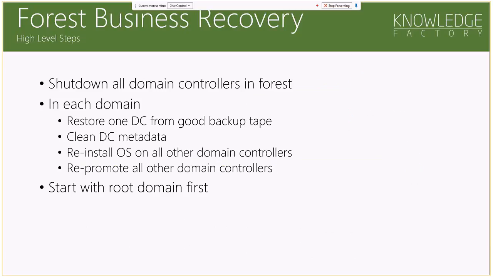So what you need to do, high-level steps, from a pure domain controller perspective, this is not hard. Basically, you shut down all domain controllers. In each domain, restore one DC from a good backup tape, clean all the DC metadata, reinstall the OS on all other domain controllers, re-promote all the other domain controllers, and you start with the root domain first.